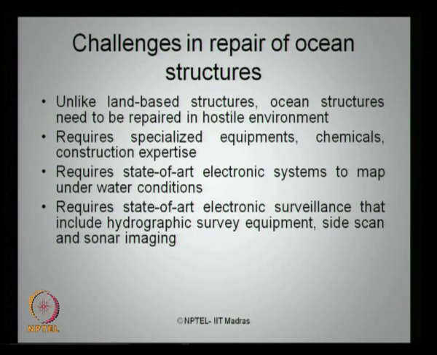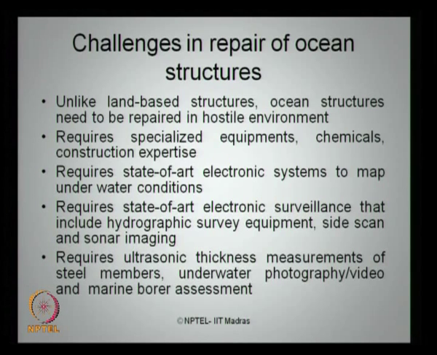It also requires state of the art electronic surveillance, which includes hydrographic survey equipment, side scan and sonar imaging, while the repair is also in process. It also requires ultrasonic thickness measurements of steel members, because it is very important to assess the actual thickness of existing members if you want to propose an appropriate repair methodology for these members.